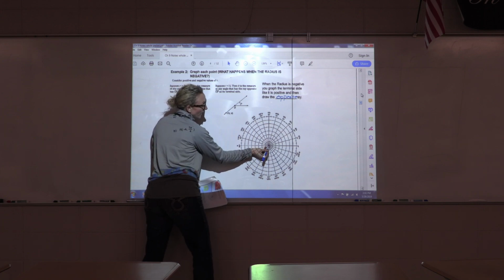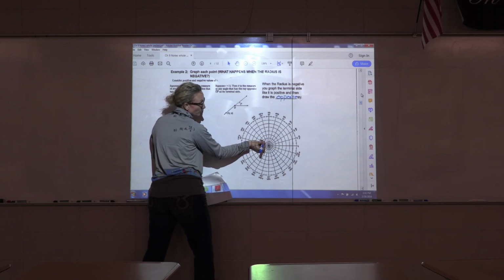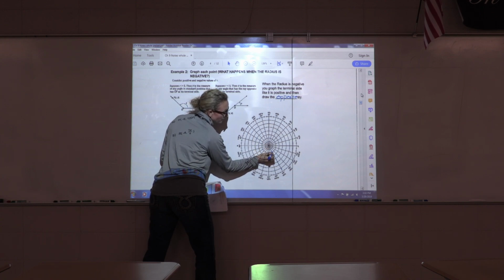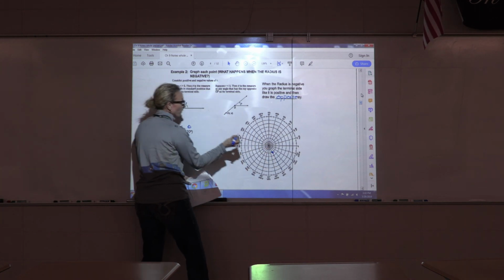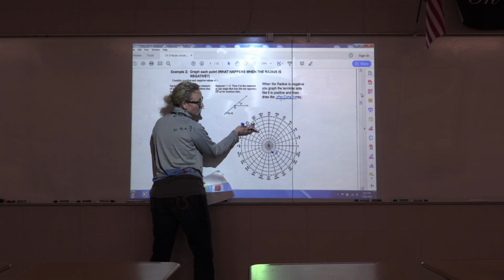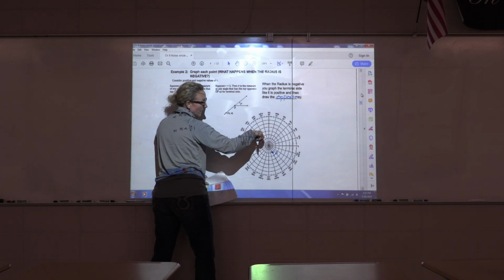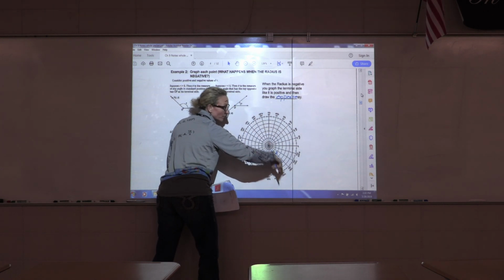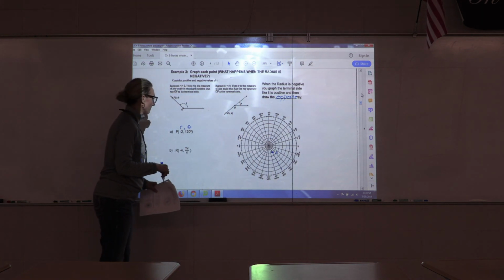So instead of going out +2 this direction, the point goes backwards 1, 2. So that would be point P. This is the positive radius, but now I have to go still that same angle measure, just back from it, -2.